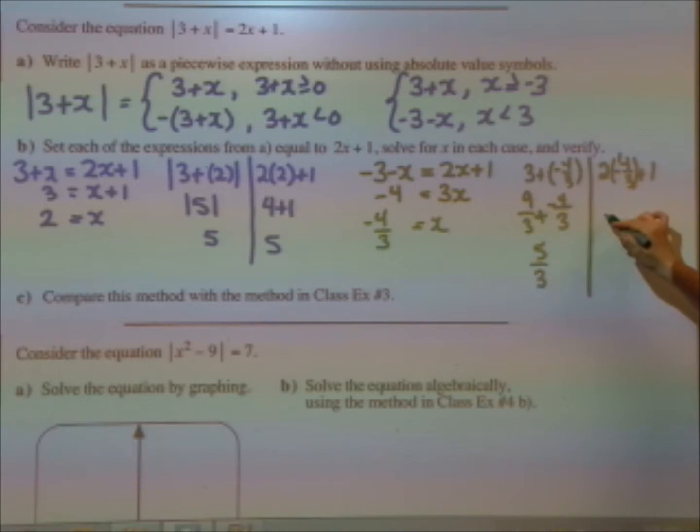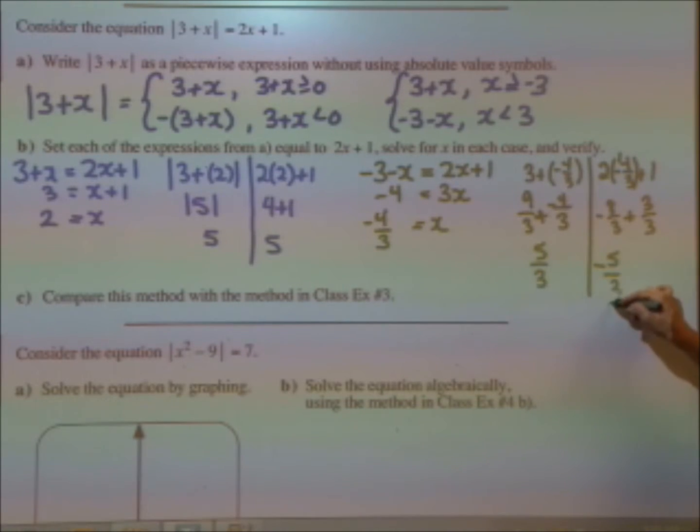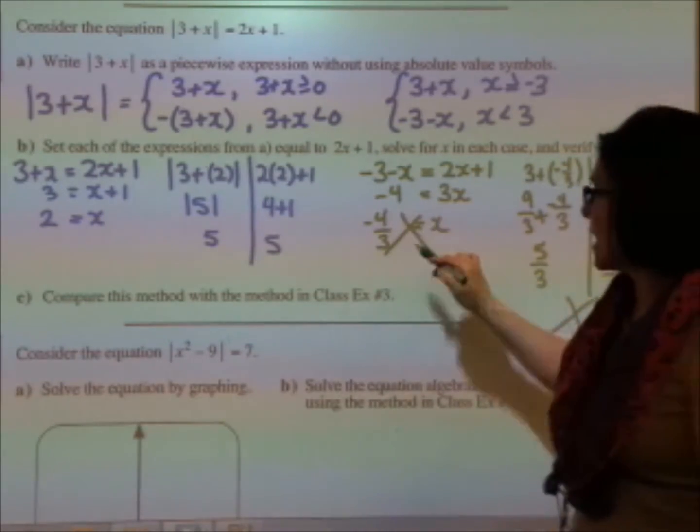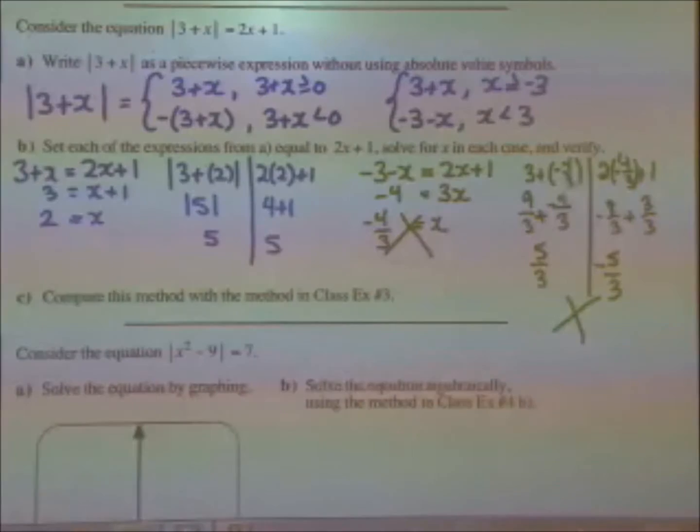And this one would give me negative 8/3 plus 3/3, which would give me negative 5/3, which does not work. So then that would eliminate negative 4/3. Okay?